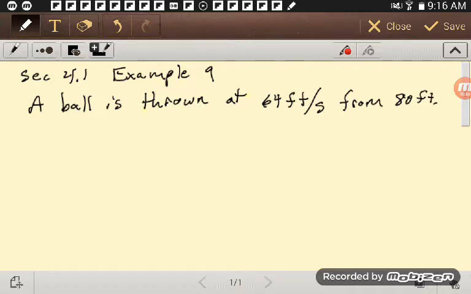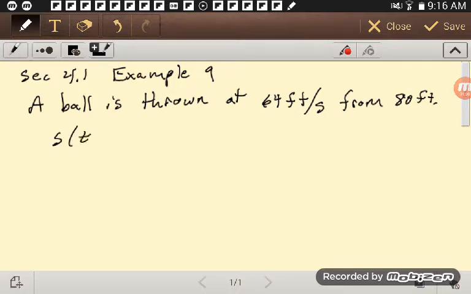Well, in order to do that, we need to know some physics. In this case, if we want to know our position function s of t, we need to know some things.